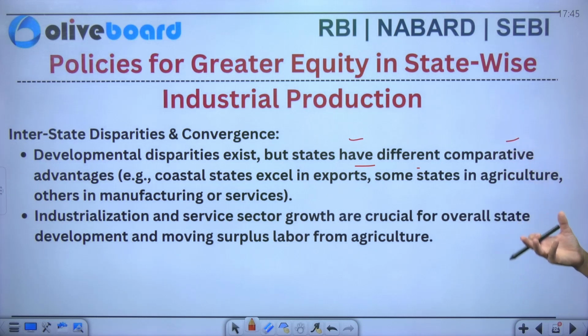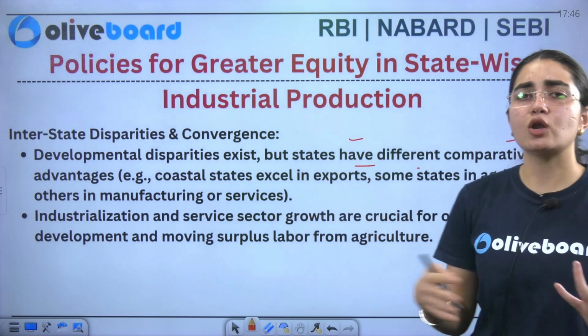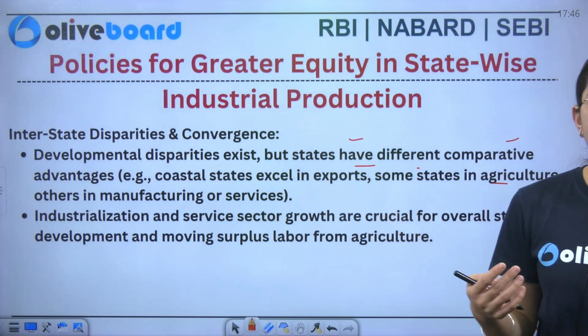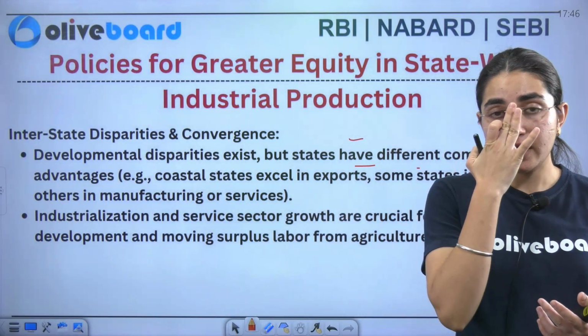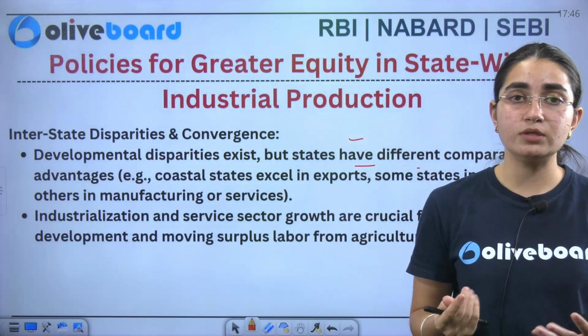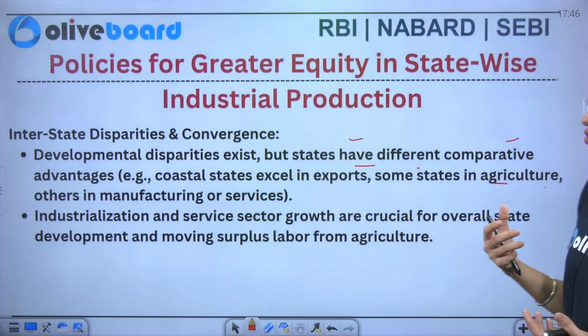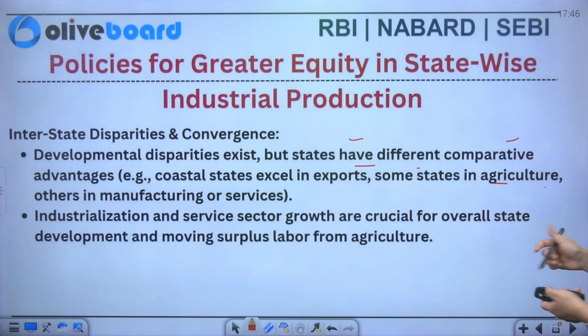For example, your coastal states excel in exports, some states in agriculture, others in manufacturing. So of course there are a lot of development disparities, but everyone uses it from another perspective, and using those resources which are available to them, they can bring improvement in their sector also. So industrialization and services sector growth are crucial for overall state development.